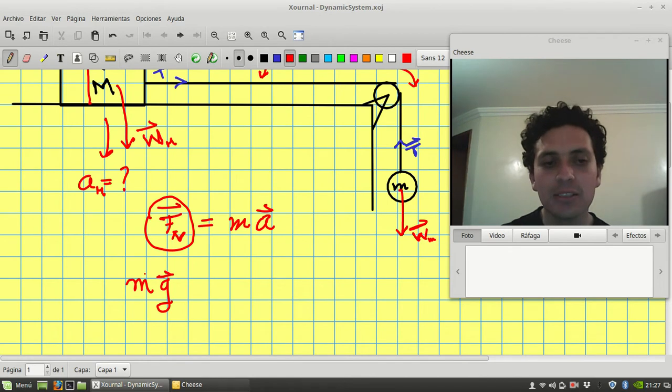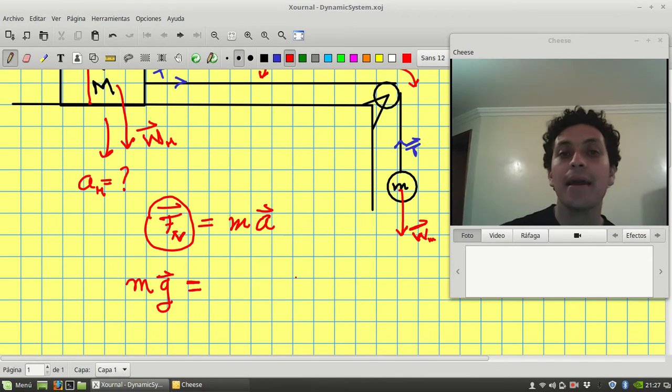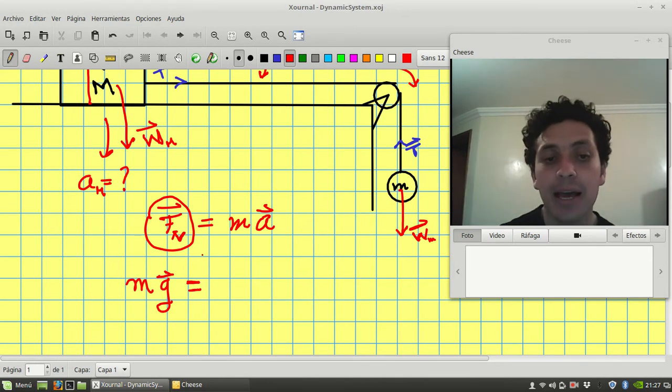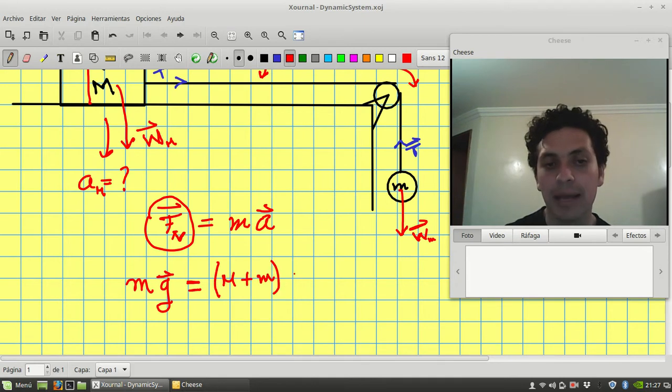In this case, the only force in the direction of the motion is going to be the weight of the mass m, and the system mass is not going to be just m, the mass that is moving here, but also the capital M mass. So we have capital M plus small m times the acceleration.